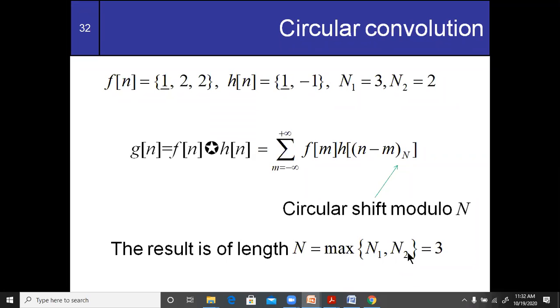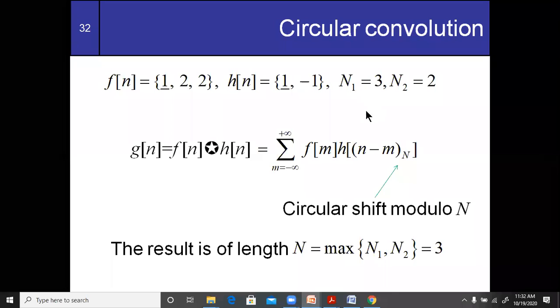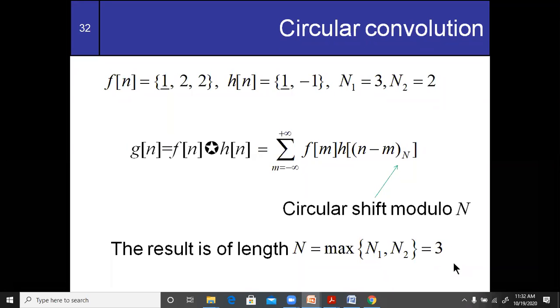Earlier it was n1 plus n2 minus 1 for linear, but for circular the result will have max of n1 comma n2, which is equal to 3 here. One is having 3 and another is having 2, so 3 comma 2 equal to 3.